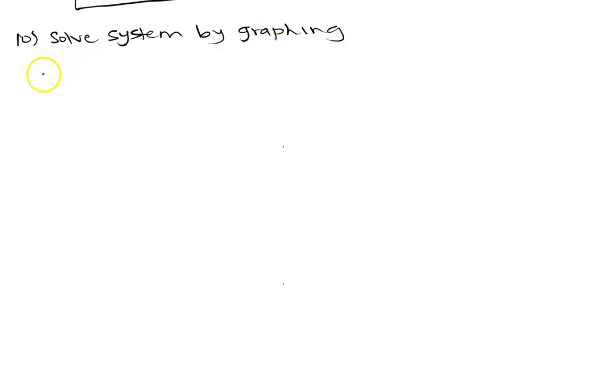So it gives you 2 different lines here, y equals 2x minus 3, and then x plus 2y equals 4.